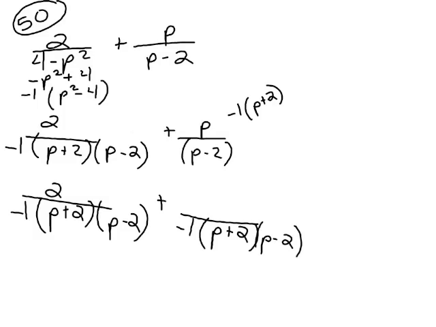And then on top, negative 1, p plus 2, and that was all times what? By p. Okay, so we'll come back to that. There's also a p there.